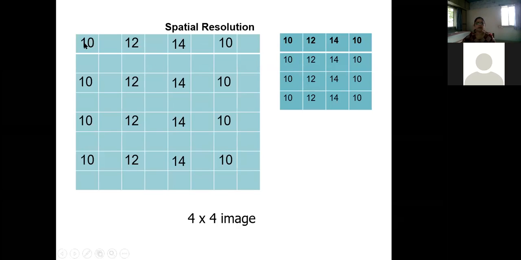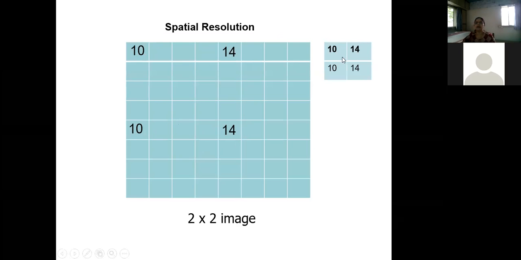We take these alternate samples 10, 14, 10, 14, and we get only a 2 by 2 image, because over this actual image distance, instead of 8 samples, we are now considering only 2 samples. So we will get an image of size 2 by 2.